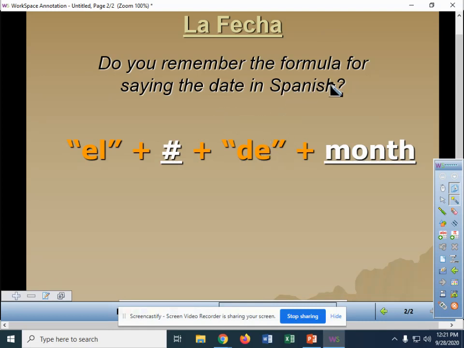Some of you have taken Spanish 1 in middle school. Some of you are brand new to my class, and that's okay. So we're going to learn the formula to write the dates in Spanish. So first comes el, and then comes the number, de. El y de, that's your formula. That's where it stays. It doesn't change.